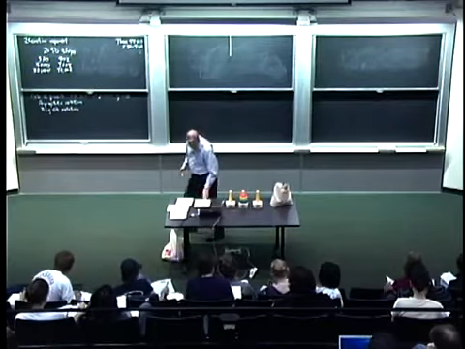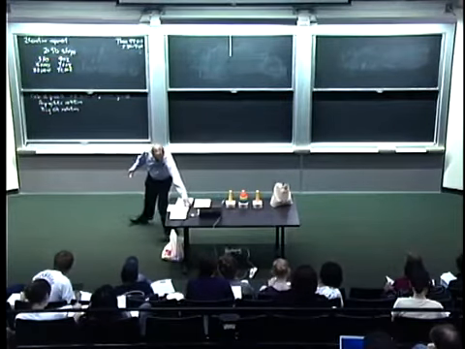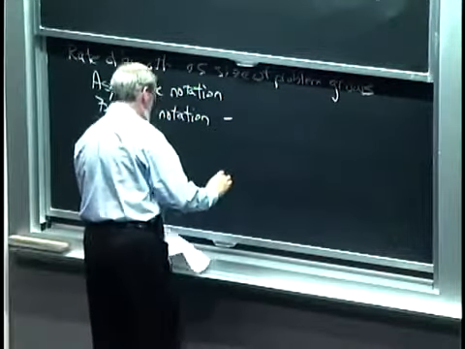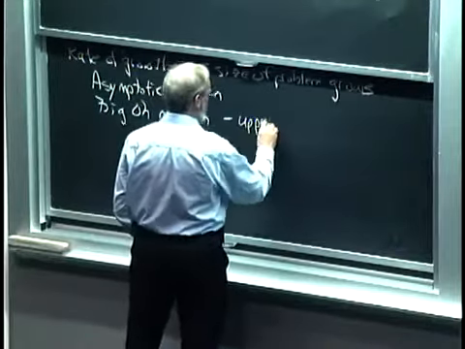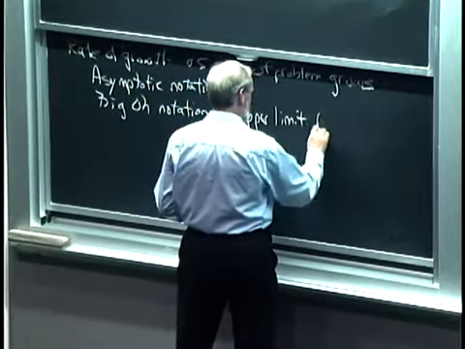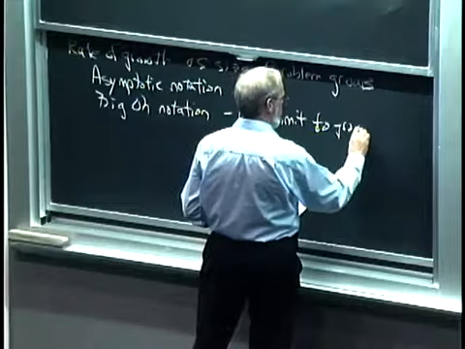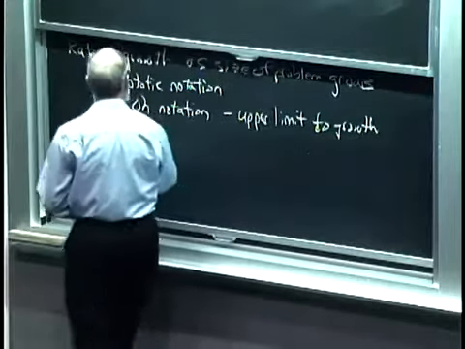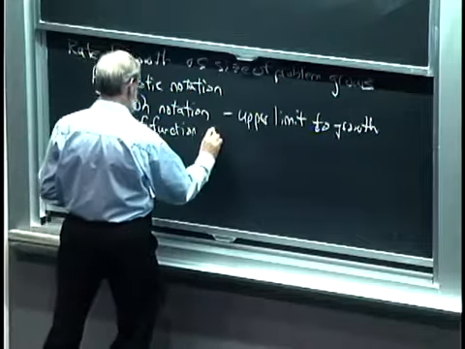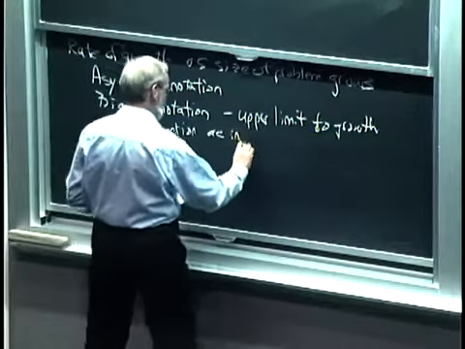And what this represents, let me write this carefully for you. Big O notation is basically going to be an upper limit to the growth of a function as the input gets large.